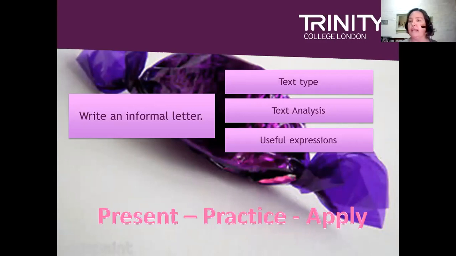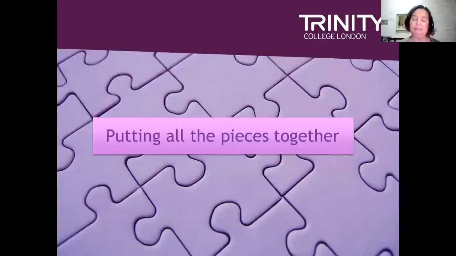And then some of the things that they might have to learn are the typical expressions used in an informal letter. They might also need to understand the kind of language that we use in an informal letter, which is clearly different from the language you would use in a formal letter. That's why we call them global, because when we unwrap them, there are things inside.